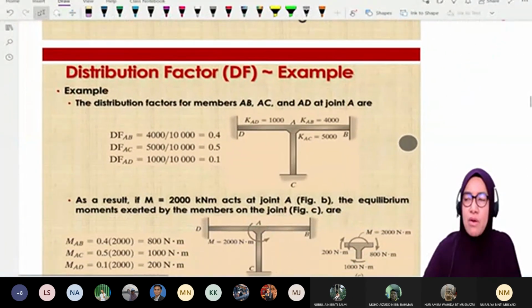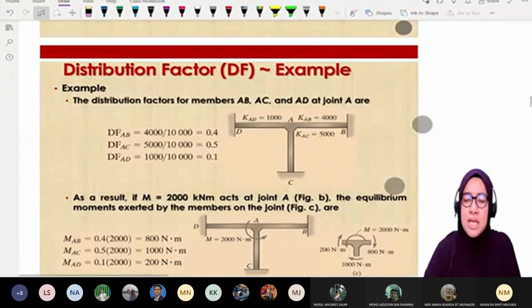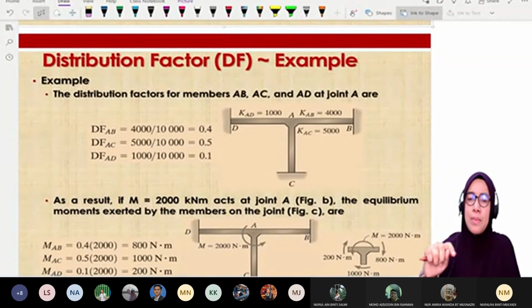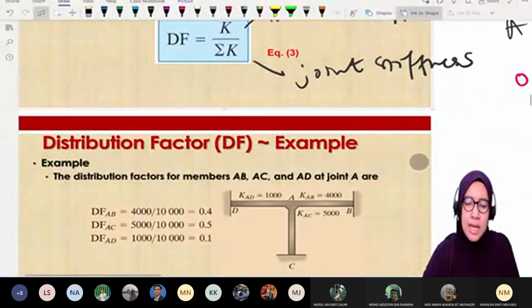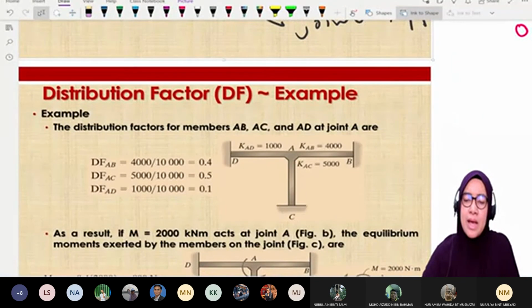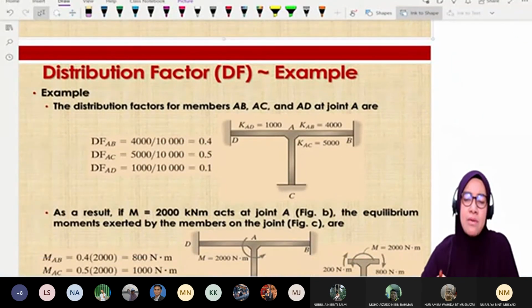So this is the concept of distribution. You can see here the concept of how we get moment. For example, this one. This K is a given value, the K for the element.